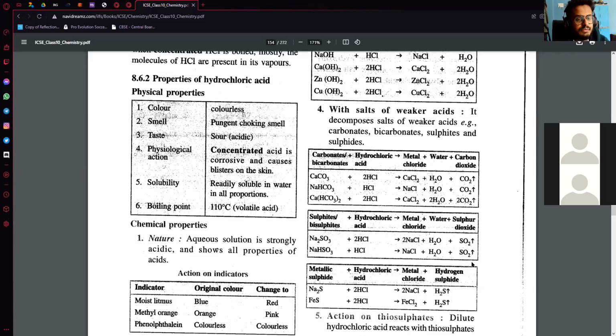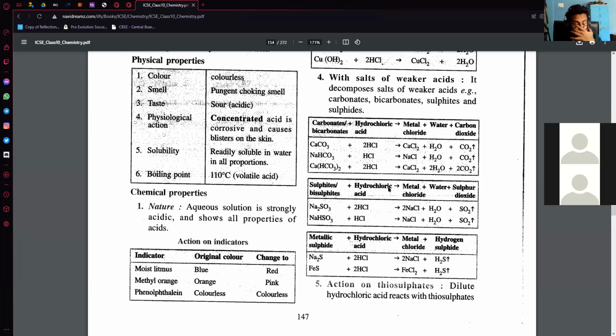Then we have action with salts of weaker acids. We all know that when an acid reacts with carbonate salts of metals or bicarbonate salts of metals, carbon dioxide and water are liberated every time. When acid reacts with sulfites and bisulfites, sulfur dioxide and water are liberated.